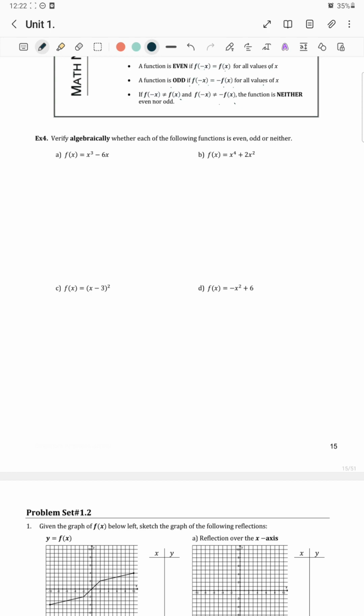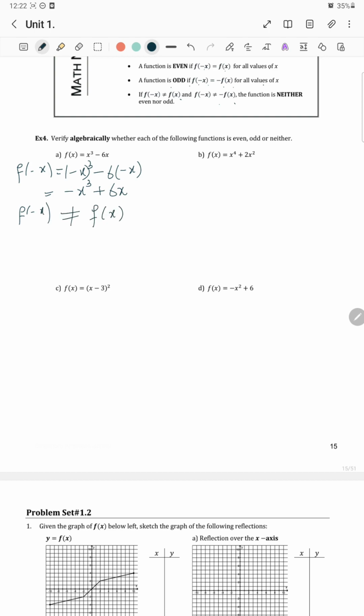So f of x is equal to x cube minus 6x. So what will I do? I will put f of minus x, which is equal to minus x cube, so f of negative x is not equal to f of x.